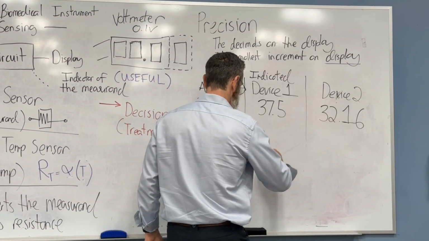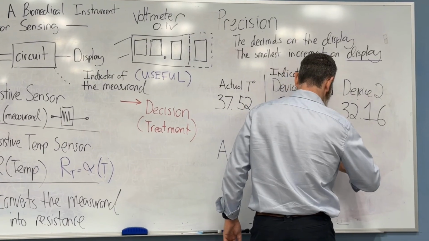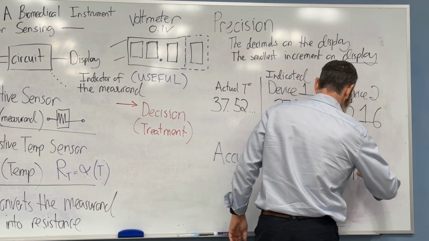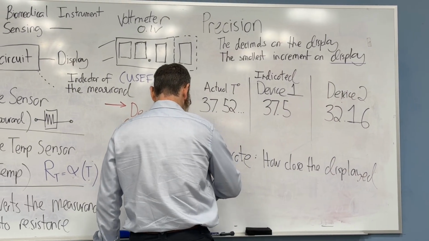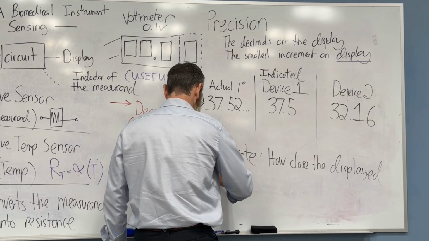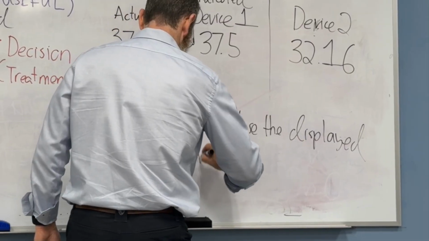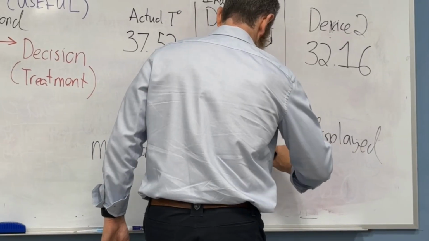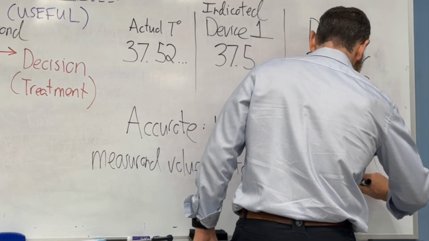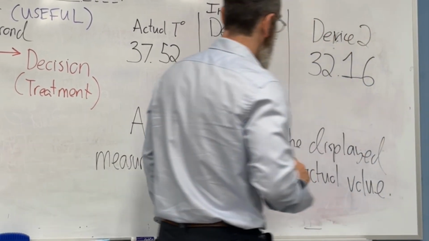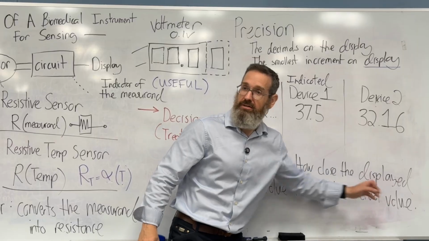I'll say, how close the displayed measurand value is to the actual value. There's that word, actual measurand value, to be clear.